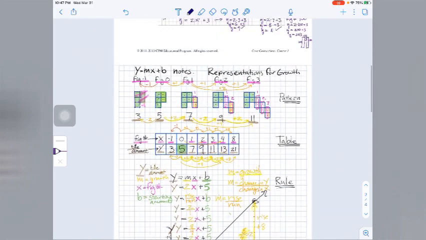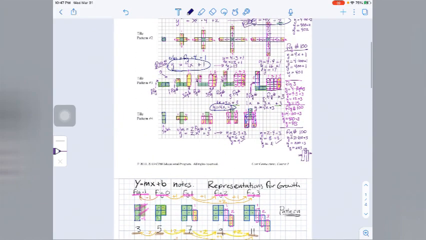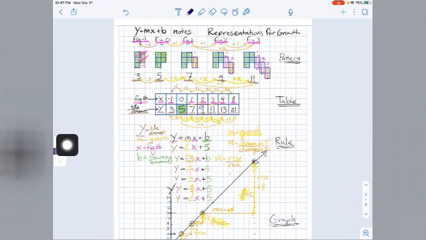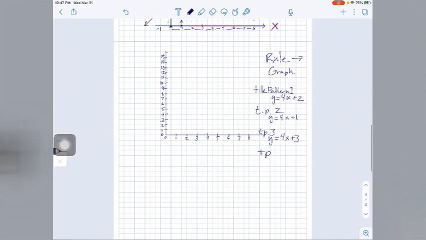And then let's go up and look at tile pattern 4. Tile pattern 4 was y equals 2x plus 3. And then let's include this last one. Let's do the one that I did too, y equals 2x plus 5. Let's do all of those.